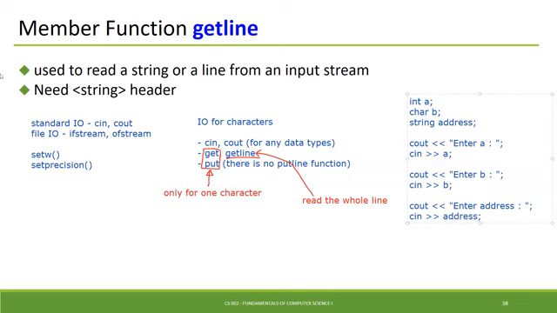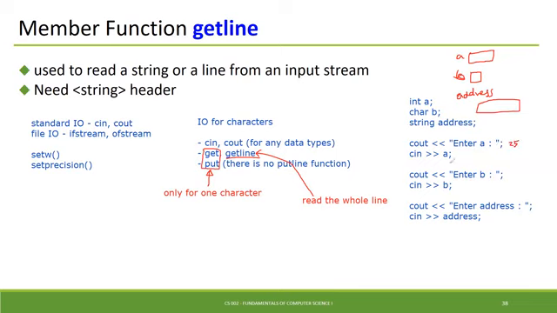Look at this one. I have 3 variables: a, b, and c. A for the integer, c for the character, and address. Address is, oh, this is b. And address for the string. At first, I want to get 25.